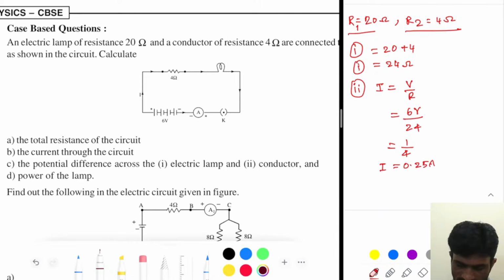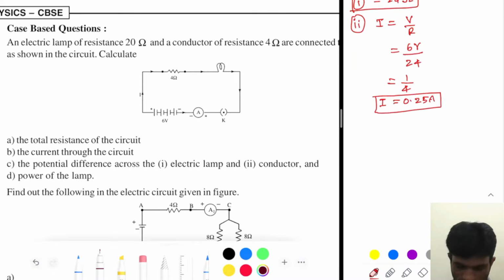This is current answer. Total resistance, first answer is 24 ohms. Second answer is 0.25 amperes because it is 6 by 24. Second answer is V by R we have to take.